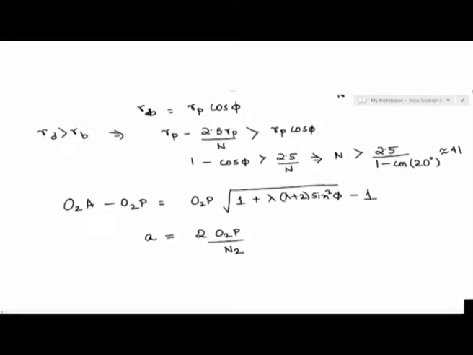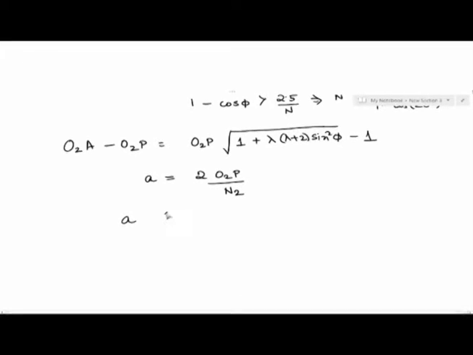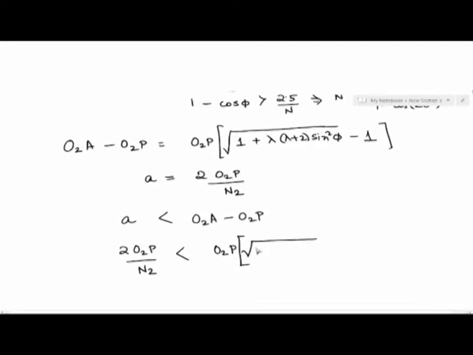So therefore what we want is that the addendum should be lesser than this critical number O2A minus O2P, and when we do that we get 2 times O2P divided by N2 must be lesser than O2P into, I have forgotten a bracket here, square root of 1 plus lambda into lambda plus 2 sine square phi, minus 1.